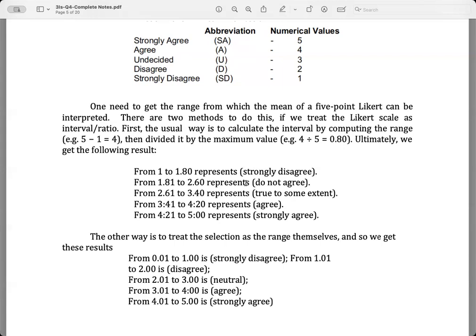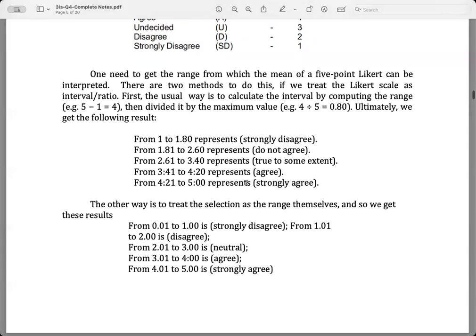Now we will discuss more on the data interpretation, particularly on arbitrary ranges and standard tool interpretation, so that we would know what's really the difference between the two.